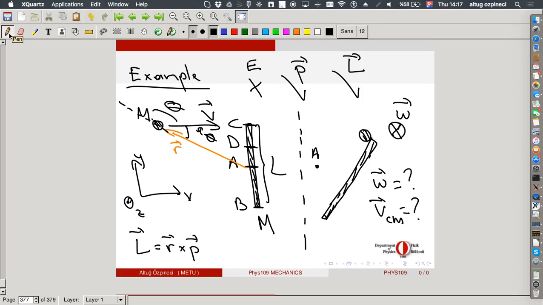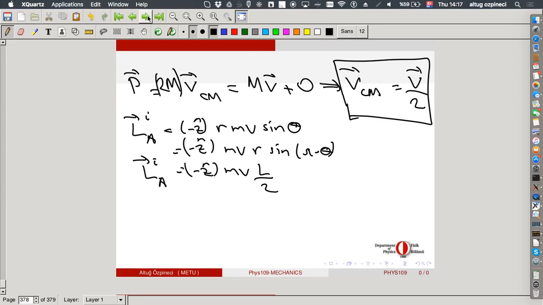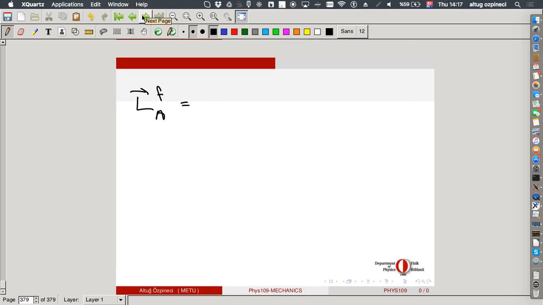Now there is this complicated object which is doing translational and rotational motion. So there is no fixed axis, there is no just point mass moving around. The easiest choice would be to use the fact that we can always separate the angular momentum as the angular momentum of the center of mass plus the angular momentum relative to the center of mass.